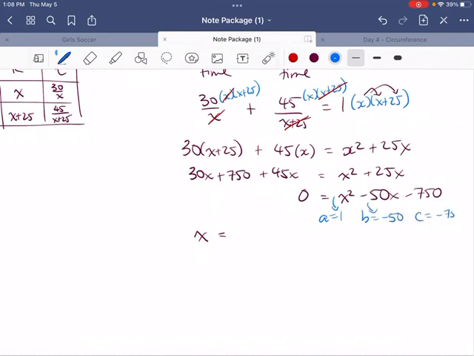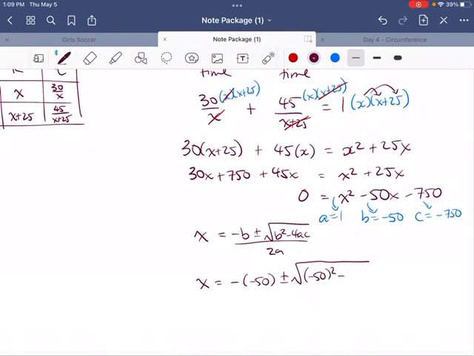The quadratic formula says negative b plus or minus the root of b squared minus 4ac, divided by 2a. So we get negative negative 50 plus or minus the root of negative 50 squared minus 4 times 1 times negative 750, all divided by 2 times 1.